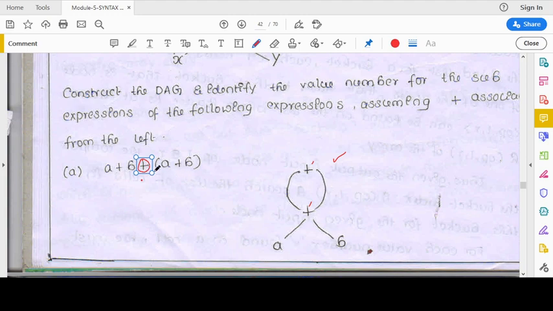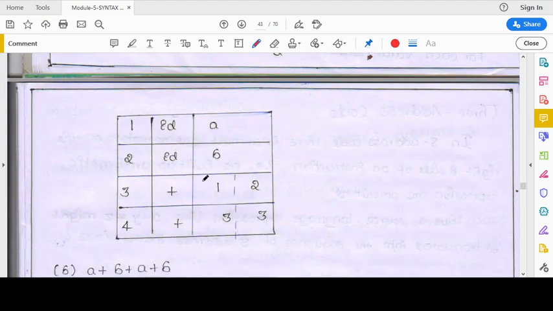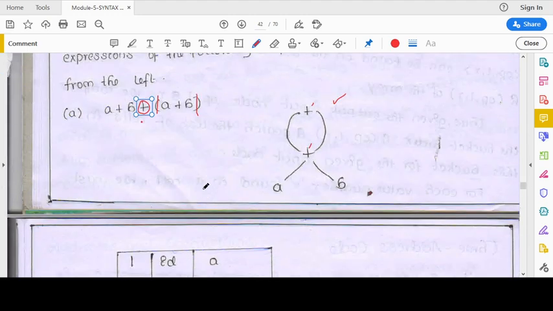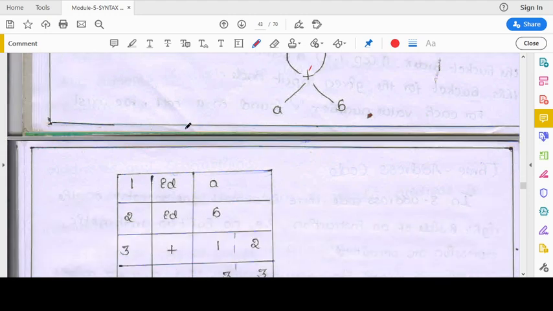If you look at this expression closely, if you take off the bracket, it's all about a plus b plus a plus b, right? So how to write the array for this? What are the things you see? I see two identifiers, a and b. Make the table ready with a and b.